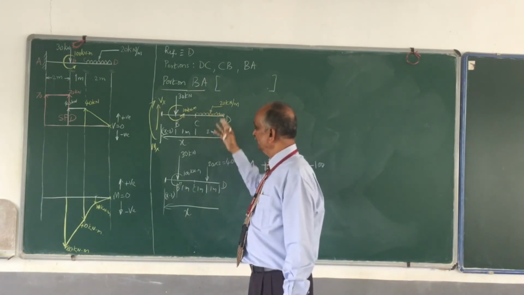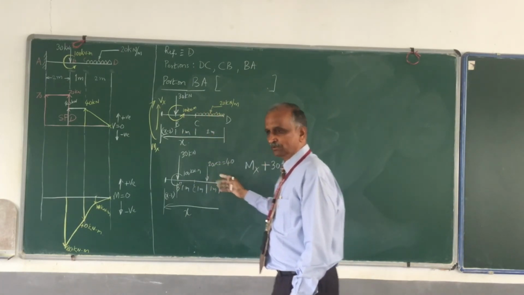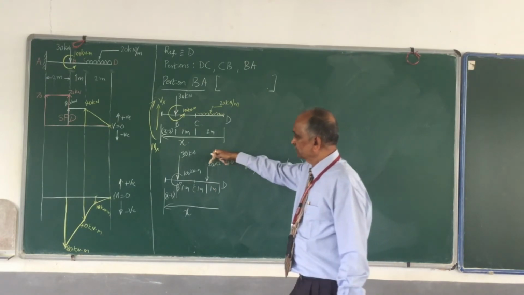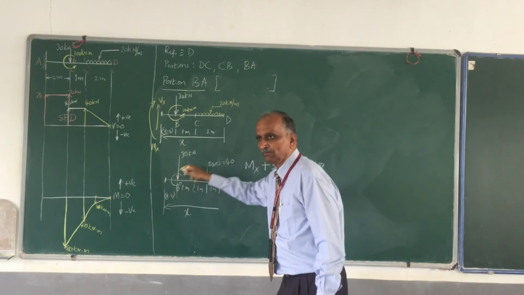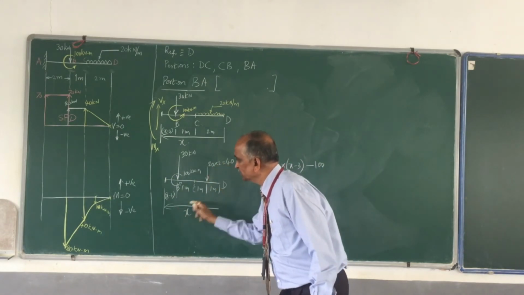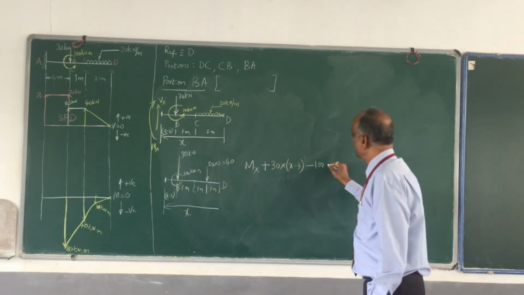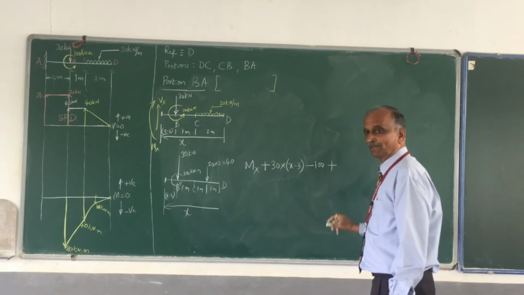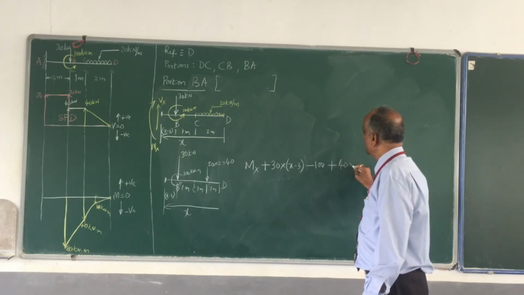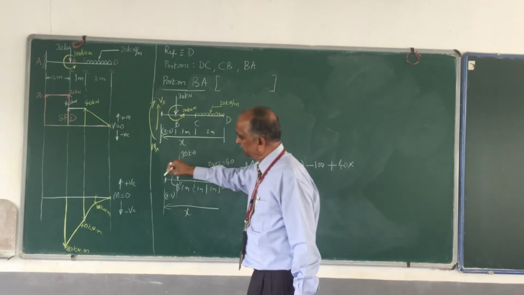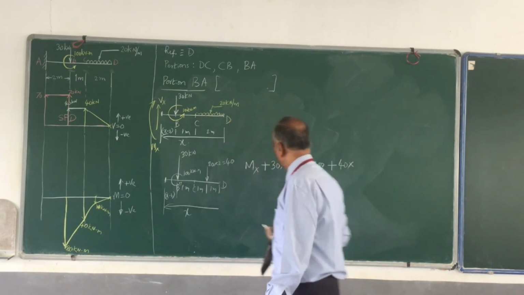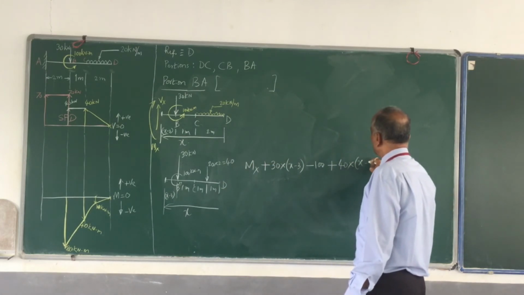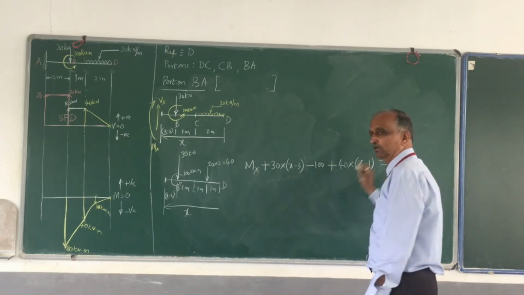Then you have the UDL that we have placed here. Plus or minus? The force is downwards, and this is the section where you are taking moment. The moment due to this is also clockwise, and therefore it is plus. This is 40 multiplied by the distance from here to here. I know from here to here is x, and this distance is 1. So 40 into x minus 1. This is equal to 0.